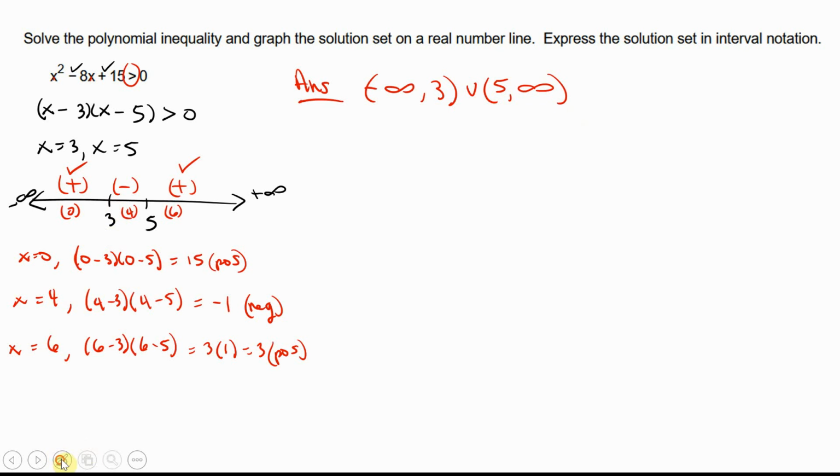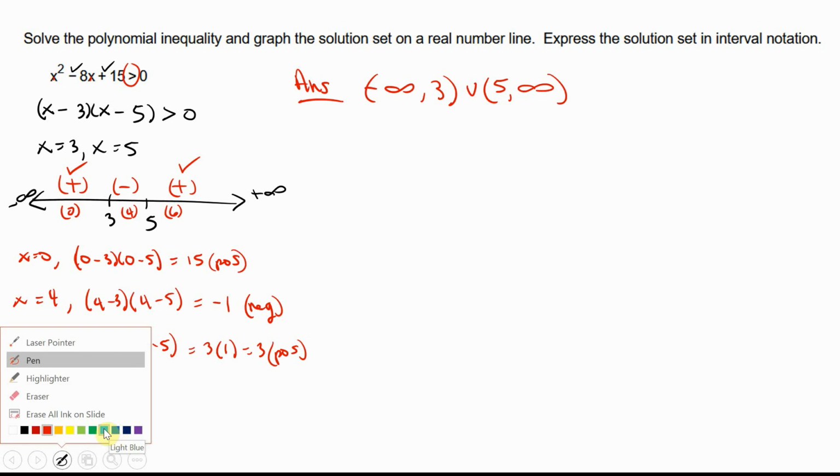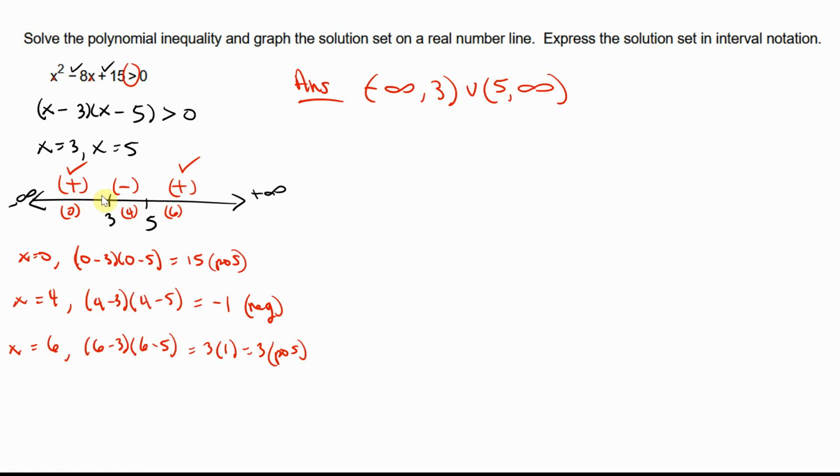So that graph, basically, when you do that number line partition, you got the graph right here. If this says less than, then that would be the answer.